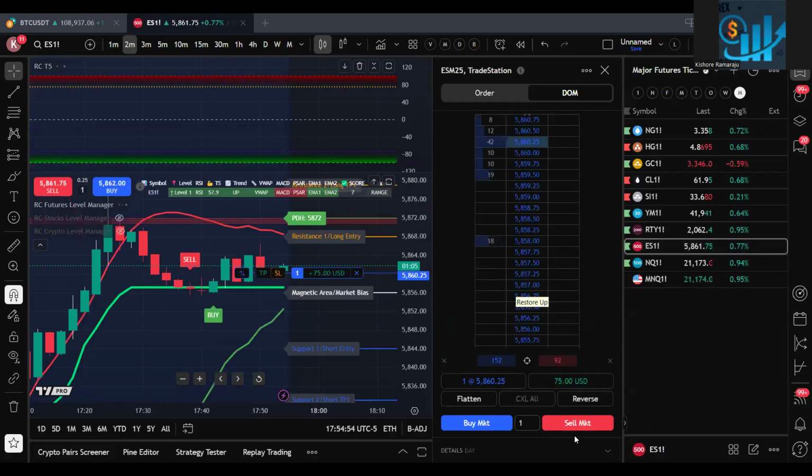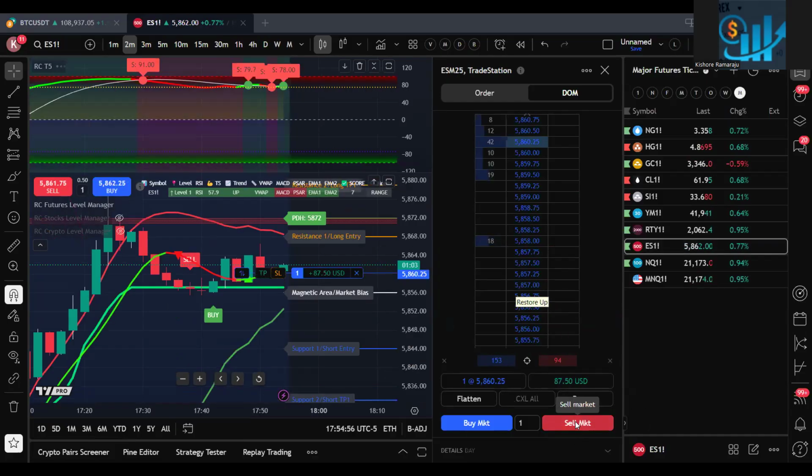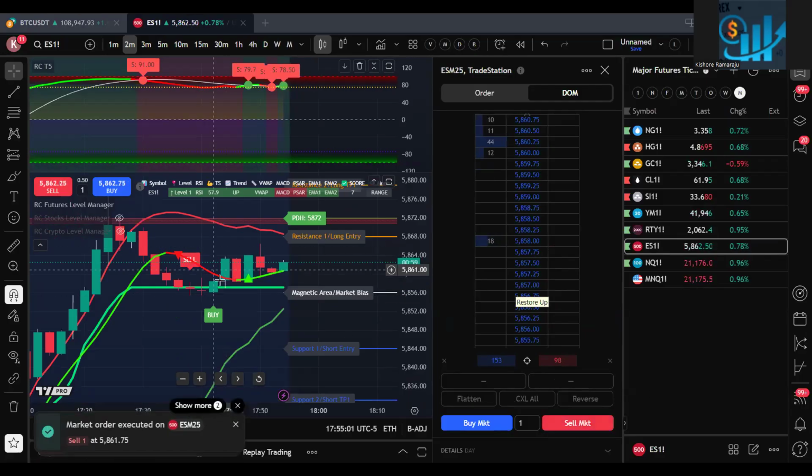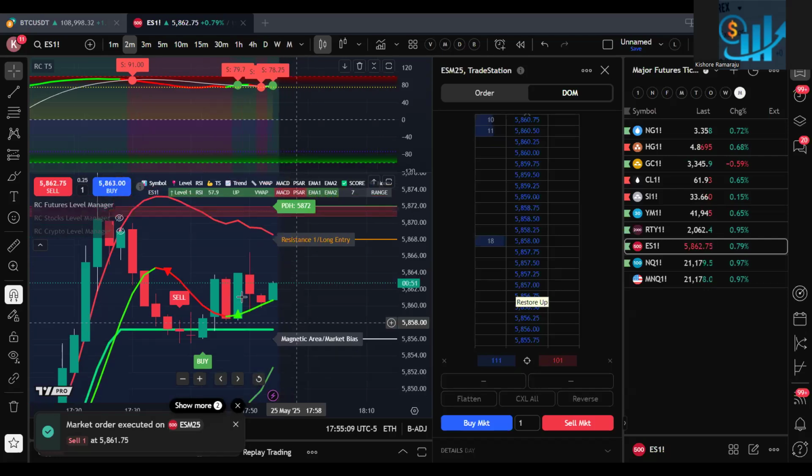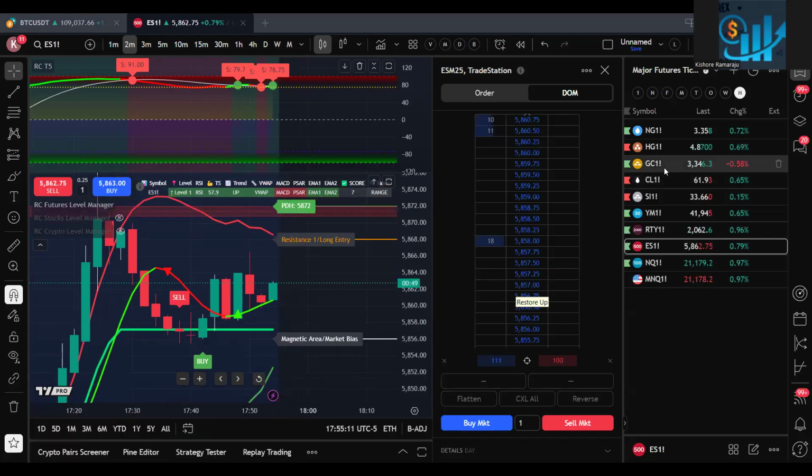We took another $75, $90 profit here. That's nearly $200 to $250 within the last 10, 15 minutes. So if you copy that into 5 prop accounts, that is $1,250. Right?